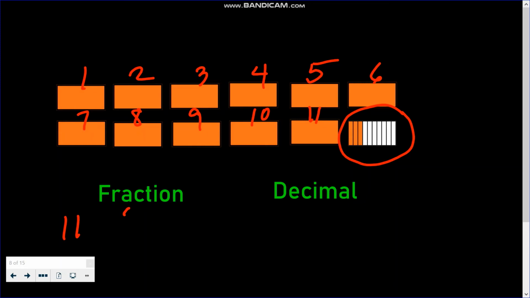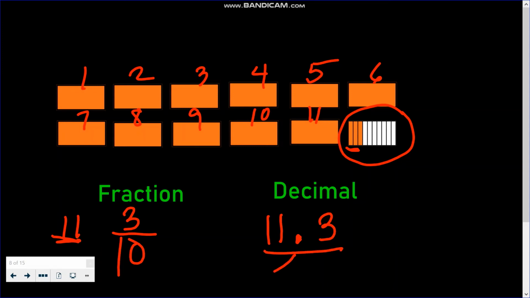So we write it as 3/10. So we have 11 and 3/10. Now how are we going to write it in decimal? We're going to write first the whole number, which is 11, and then a decimal point followed by these 3 parts out of 10. So this 11 and 3/10 is the same as this mixed number.